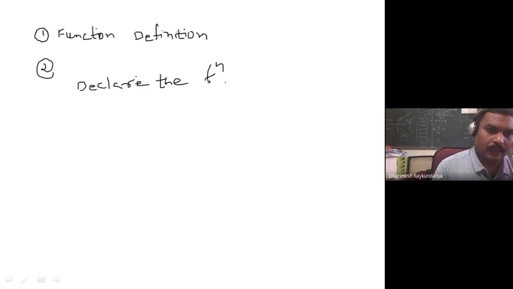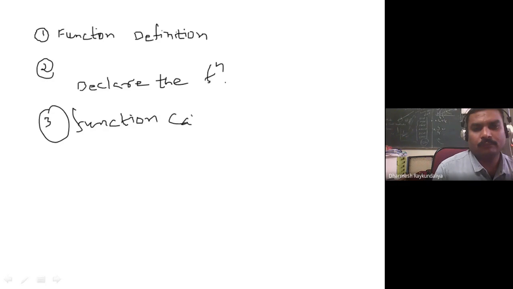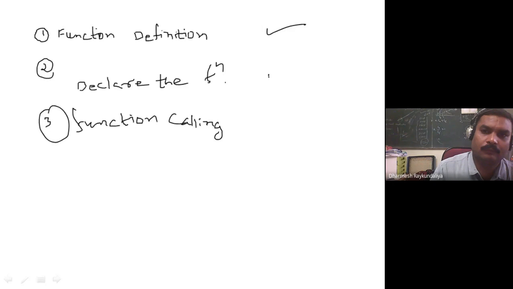Second, you have to declare the function. And third is function calling. So there are three important things: function definition, declaration of the function, and function calling. We will see them one by one.